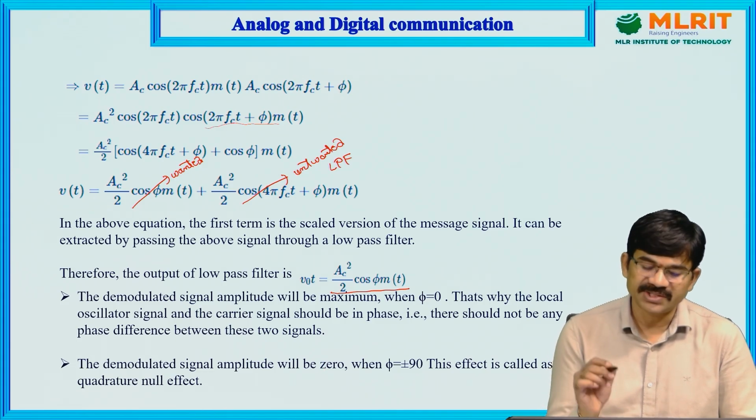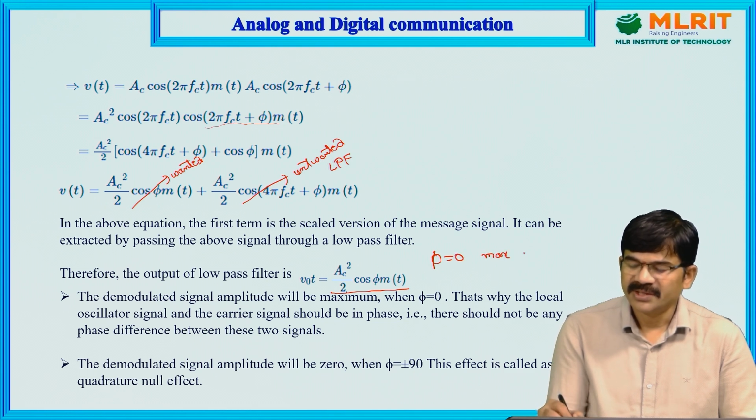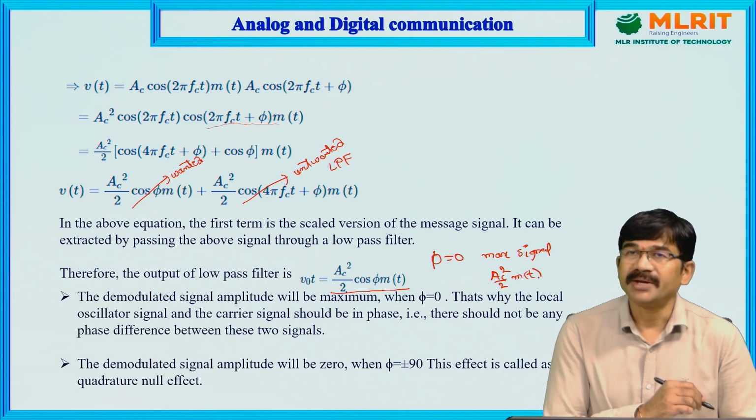Cos 90 is 0. So when phi is equal to 0, we are getting the maximum output, that is the maximum signal, which is nothing but AC square by 2 m of t.